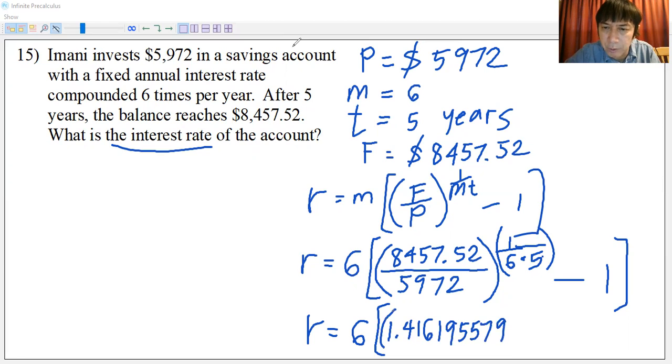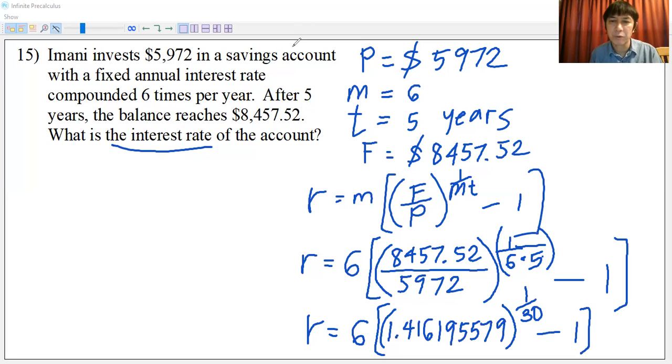This quantity is the ratio of the 8,457.52 over 5972. Now, this is raised to the power 1 over 30. That's 1 over 30, and then minus 1.